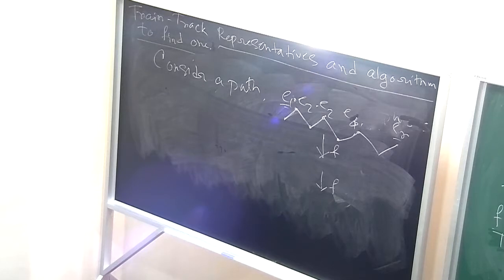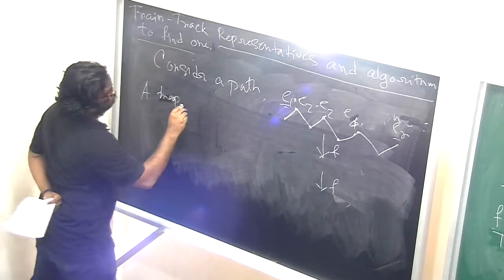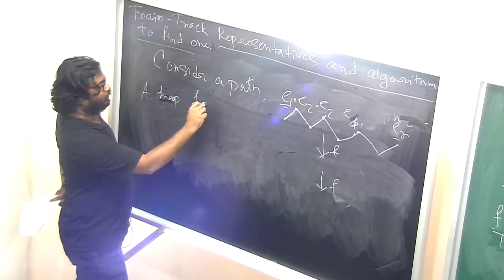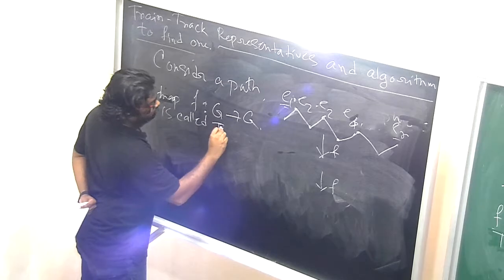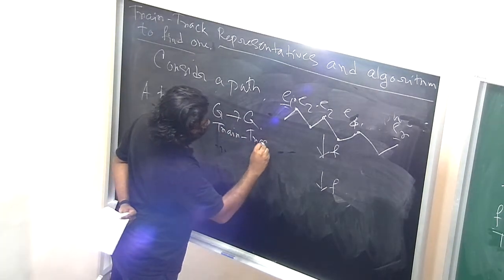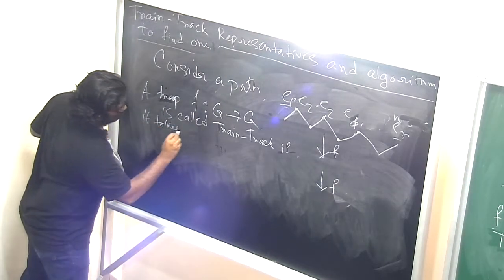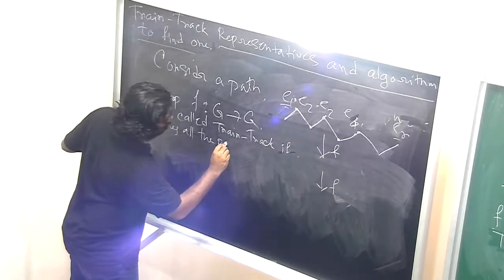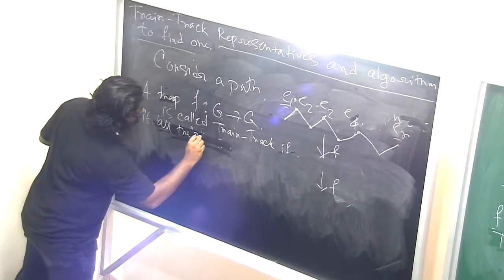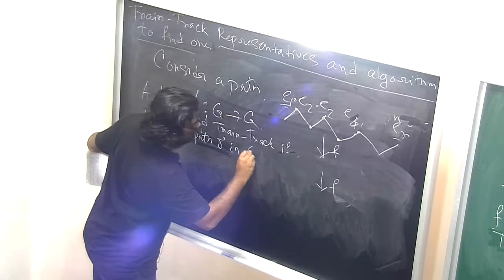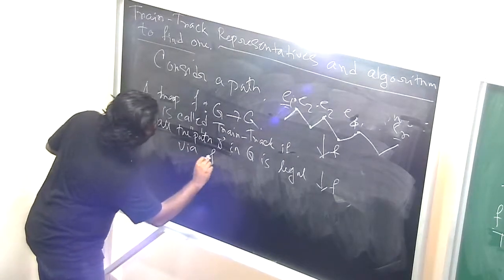And a train-track map. A topological representative f from Z to Z is called a train track map if all the paths gamma in G are legal in that sense via f.